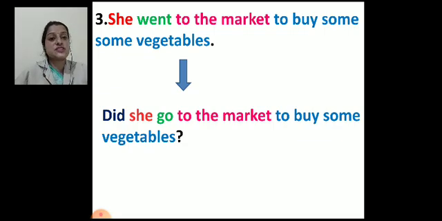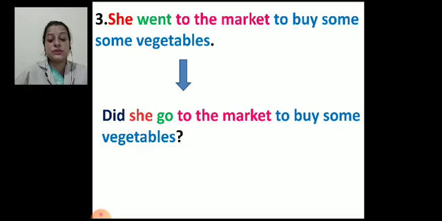So there is no helping verb. In case a sentence is in simple past, what do we use? We use the second form of the verb. So in that case, if we have to convert this statement into an interrogative sentence, we will use did before the subject, and after that the first form of the main verb.